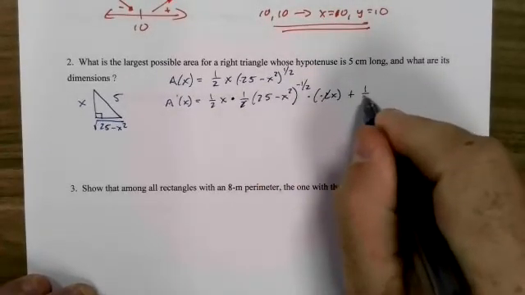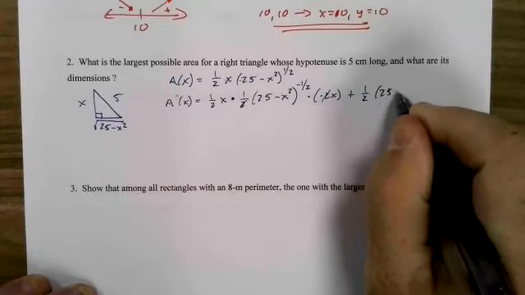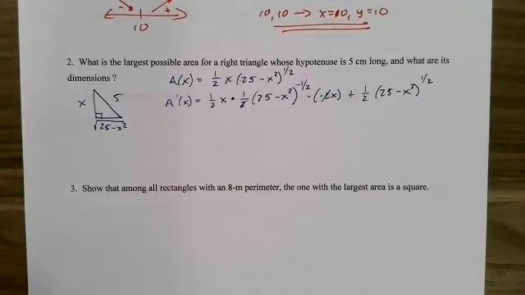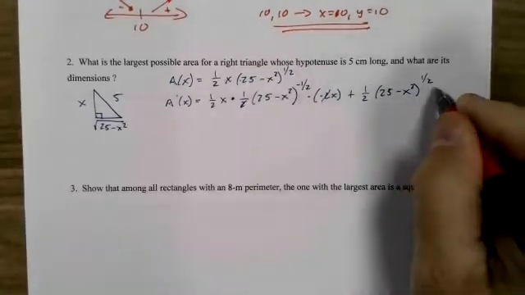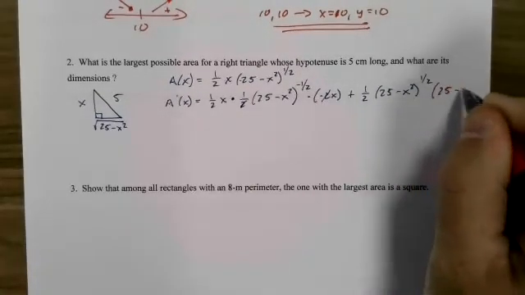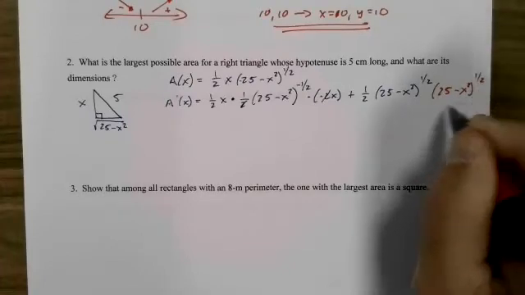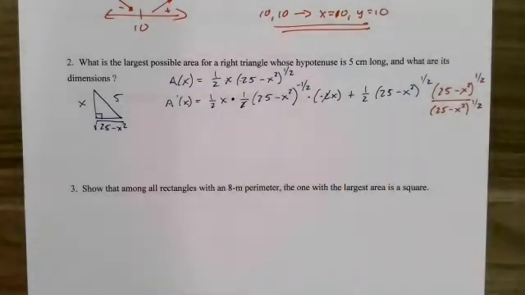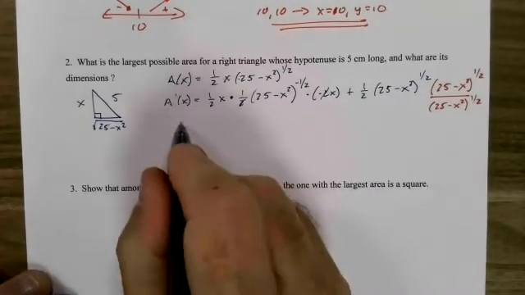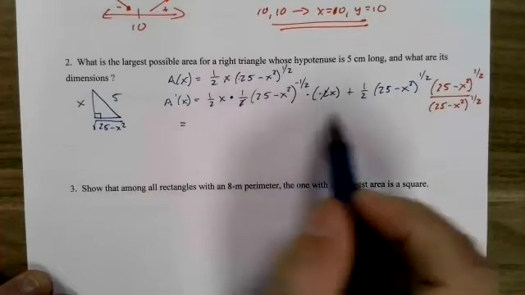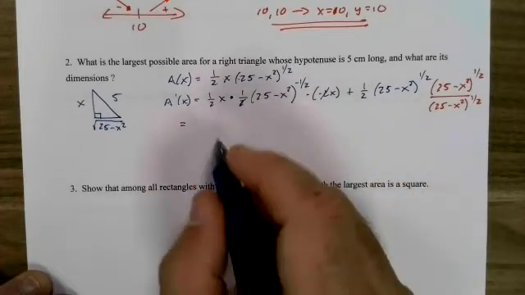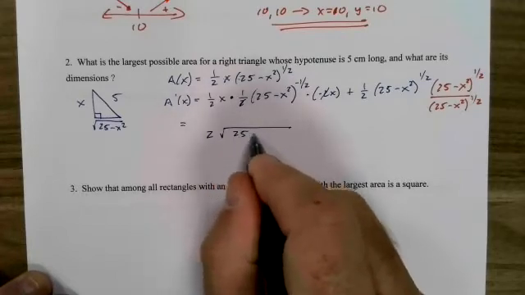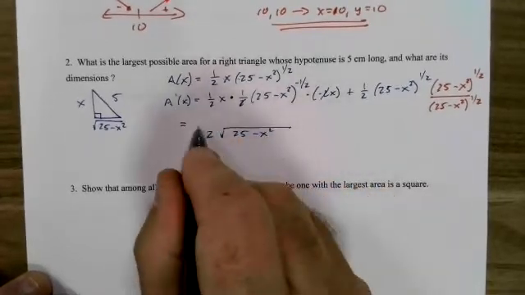So we get 1/2 times 25 minus x squared to the 1/2. I've done enough of these that I'm fairly confident we want to go with the common denominator. So 25 minus x squared to the 1/2 over 25 minus x squared to the 1/2, equals... I've got a 1/2 in both terms, so I'll just slap it on the bottom: 2 square root of 25 minus x squared.